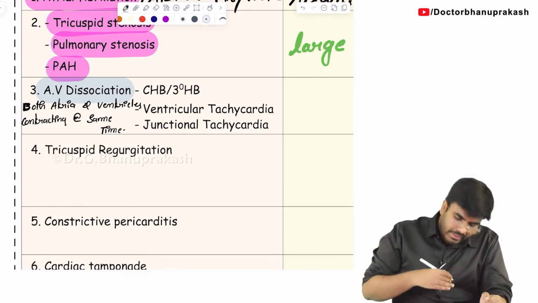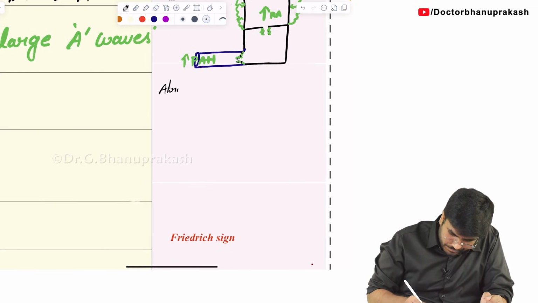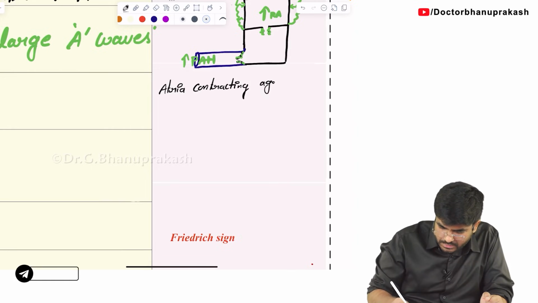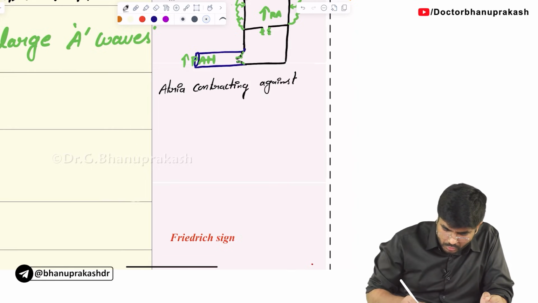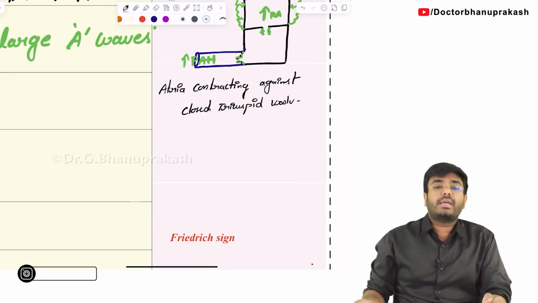Or they can say the same thing in a different way: atria contracting against a closed tricuspid valve.